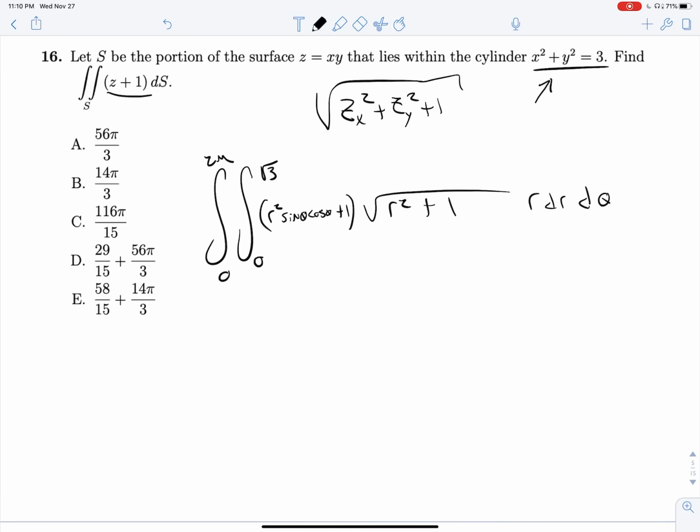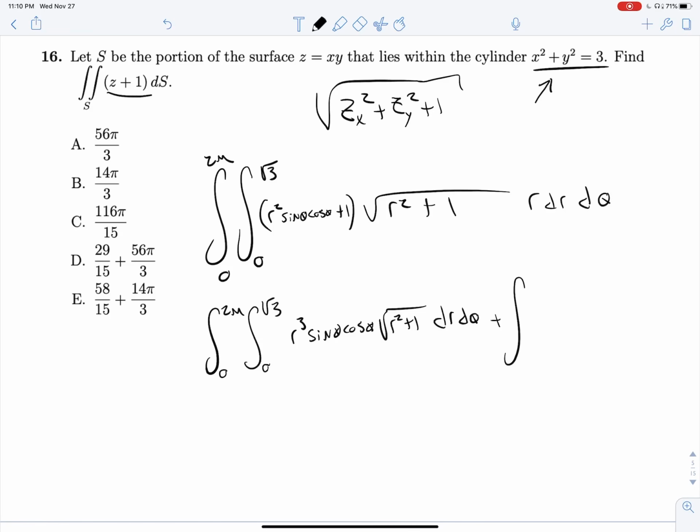So we can express this thing as the integral from 0 to 2 pi and the integral from 0 to root 3 of r cubed sine theta cosine theta root r squared plus 1 dr d theta.